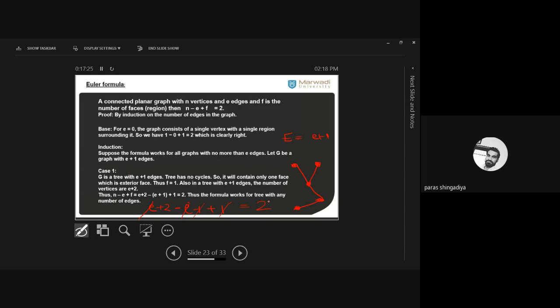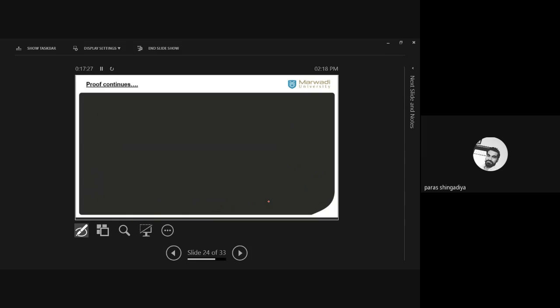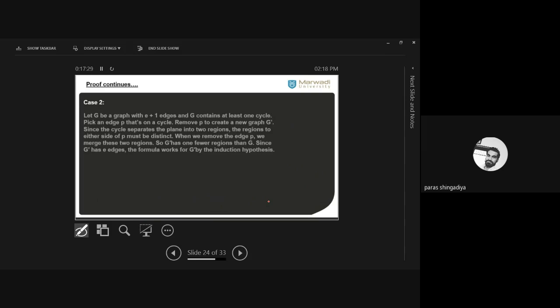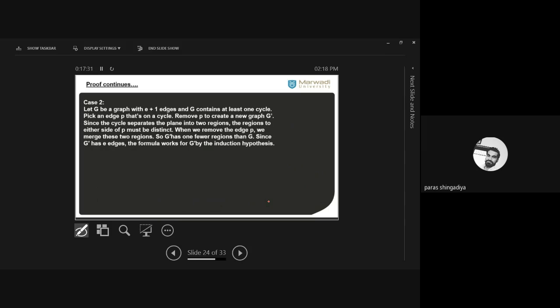Now let's prove case 2. In case 2, we consider a graph which involves one inside region. Here, the data is that G is a graph with e plus 1 edges. Again, we consider the same quantity because we have to prove it for e plus 1 in the second case. So G is a graph with e plus 1 edges and G contains at least one cycle. Okay, it means it is not a tree.